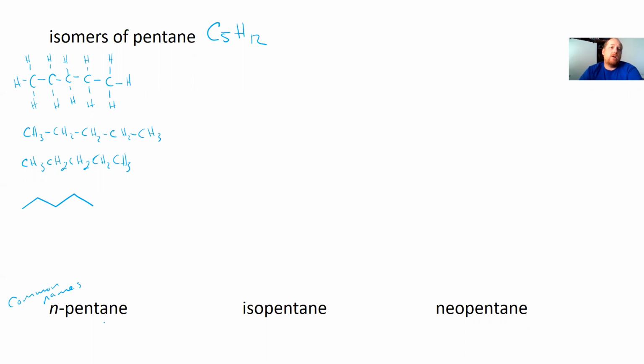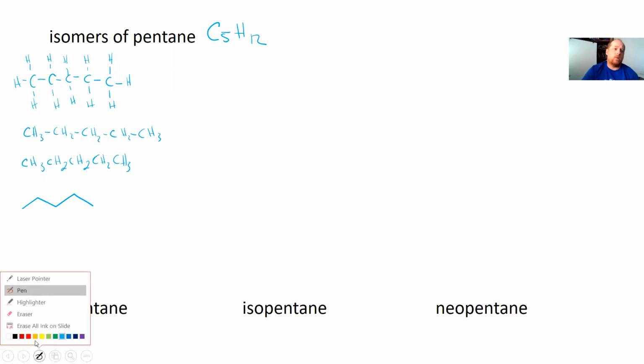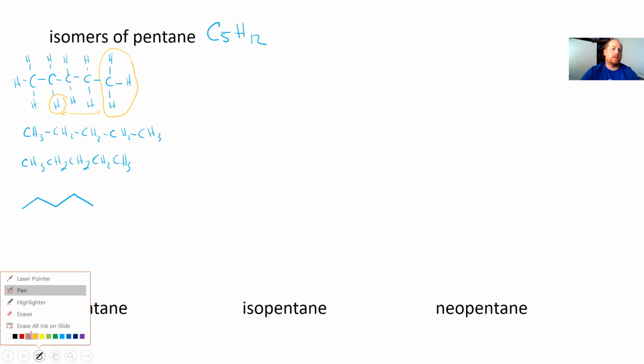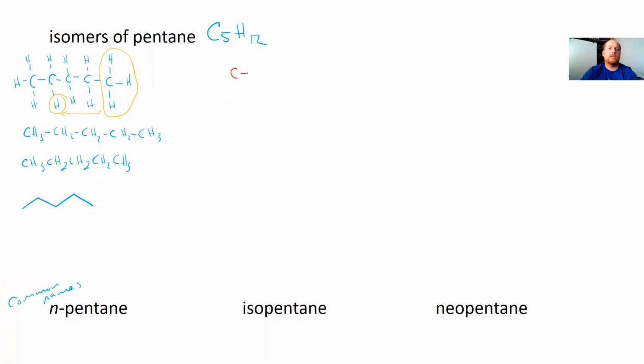Now, when we go and change from n-pentane to isopentane, we're going to take this group of atoms and swap it with the hydrogen on that first carbon, okay? And so when we do that, we can make what's called isopentane. So I'm going to start out with the carbon backbone, C, C, C, and C. And off of the second carbon is where we'll have our other carbon.